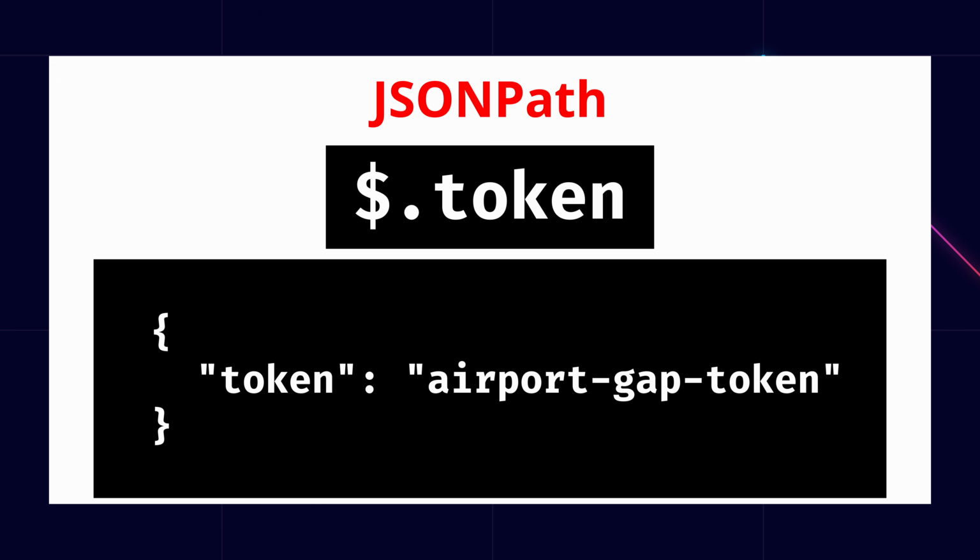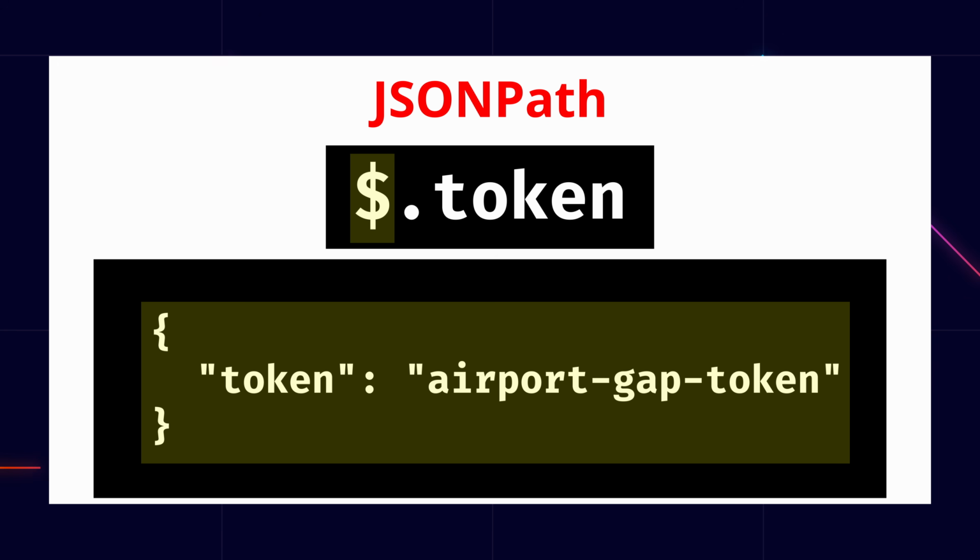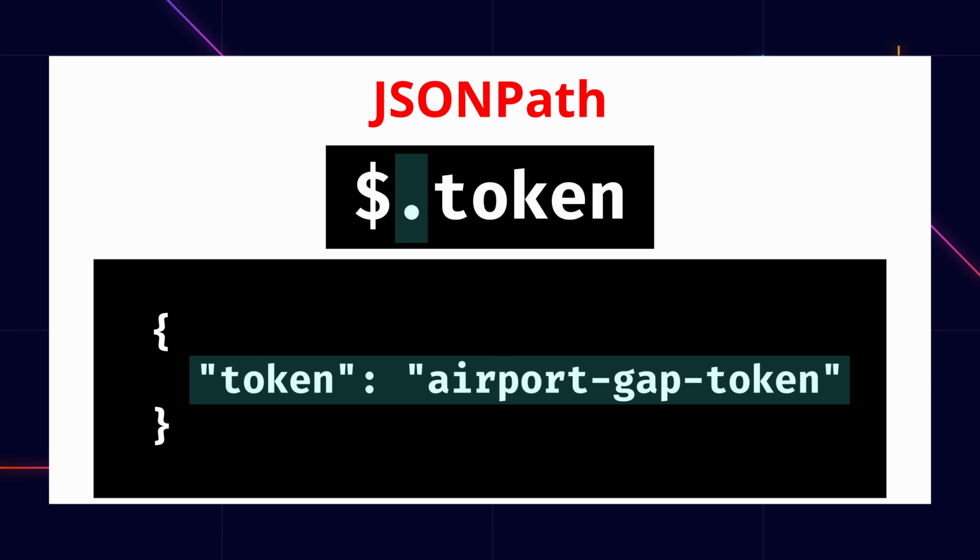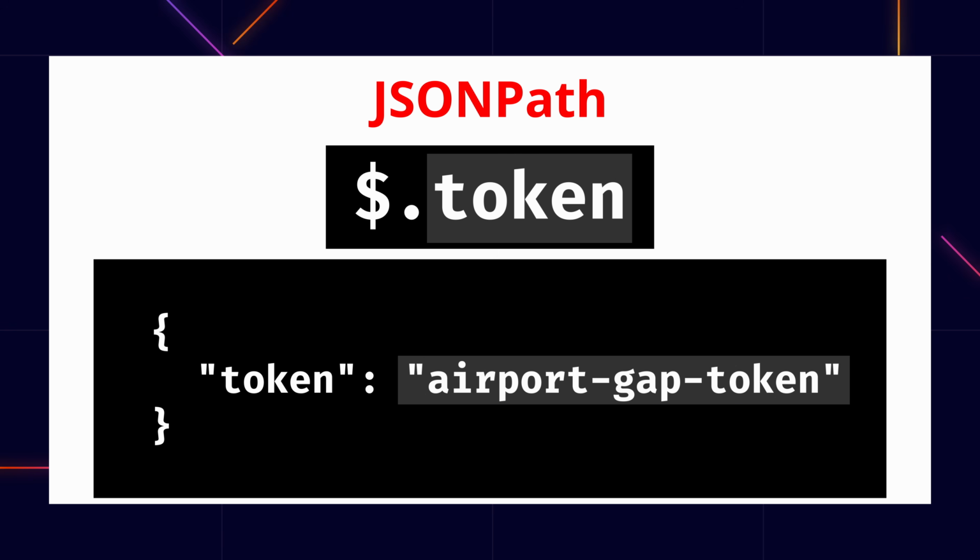As a brief explanation of this JSONPath expression, the dollar symbol indicates the root of the JSON object. The period after is called the child operator, which denotes a child element. In this case, the child element of the root object. Finally, the token portion is the attribute we want to fetch for our value.